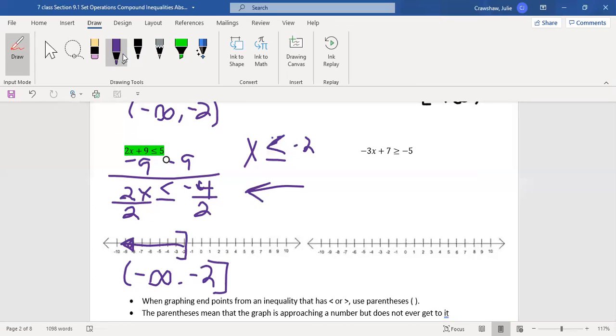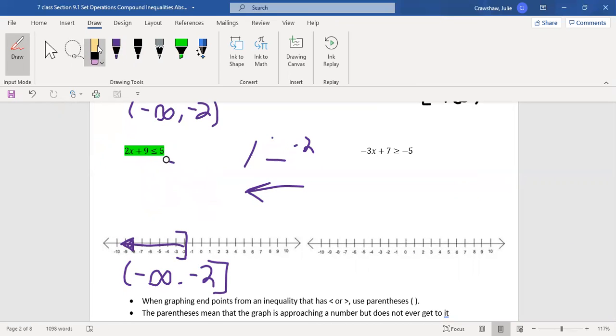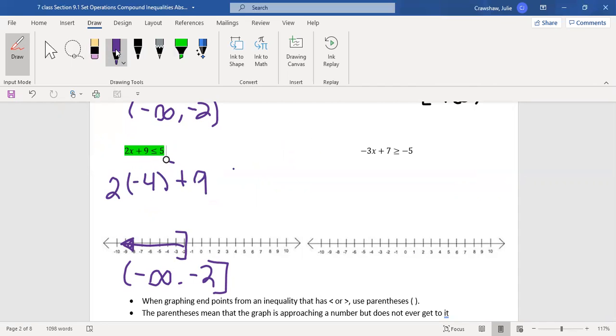So what that's saying is if I pick a number that is within that interval, this interval right down here, so let's say -4. -4 is being shaded on the number line. So if I was to plug in -4, 2 times -4 plus 9, it's going to be less than or equal to 5.